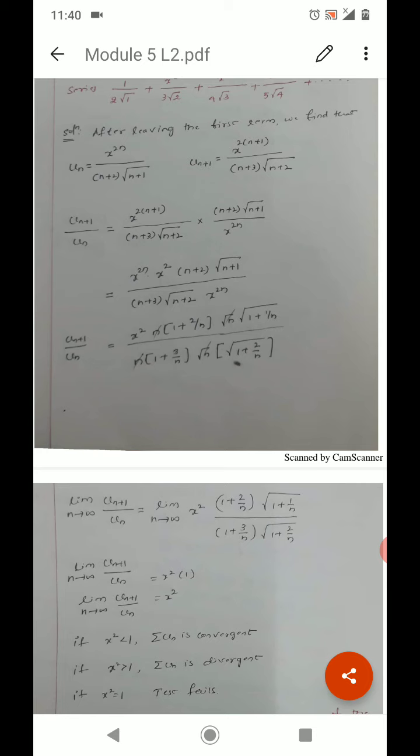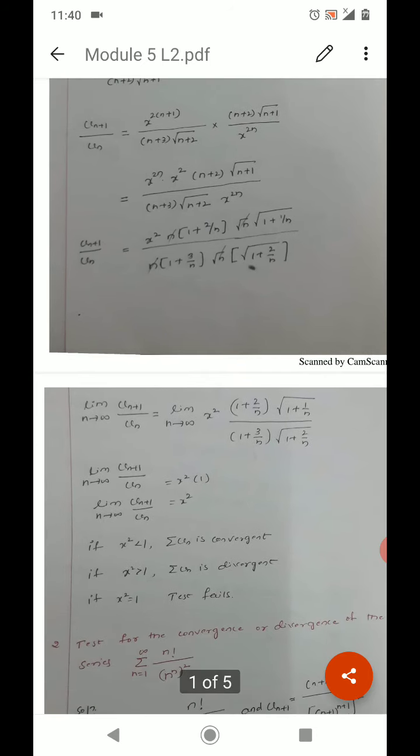Applying the limit, 1 plus 2 by infinity becomes 1 plus 0, and square root of 1 plus 1 by infinity also becomes 1 plus 0. In the denominator also we get 1 plus 3 by infinity, that will be 1 plus 0, and square root of 1 plus 2 by infinity is also 1 plus 0. So finally we get x square into 1, that is x square. Therefore here we have the result x square.